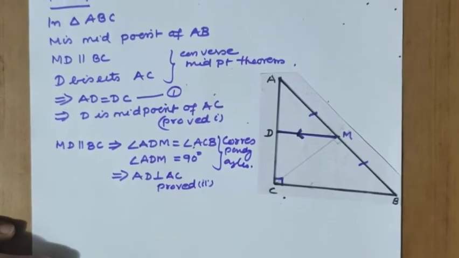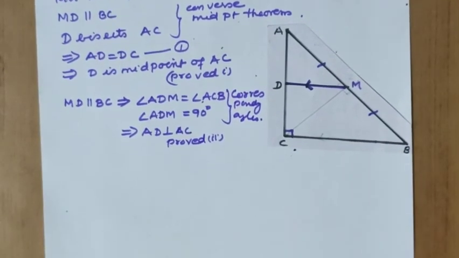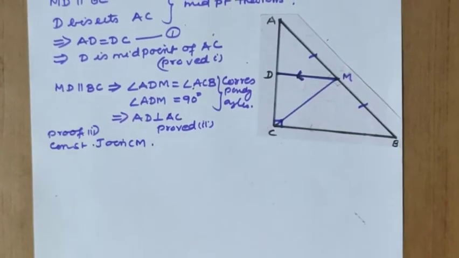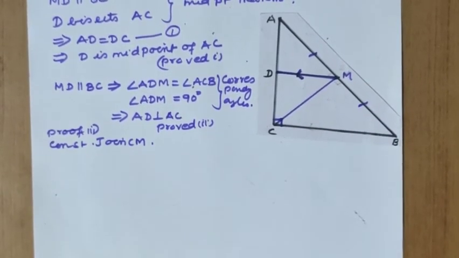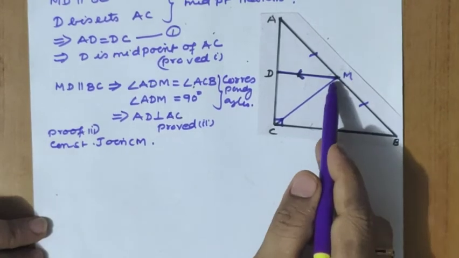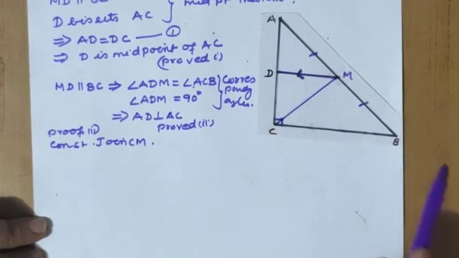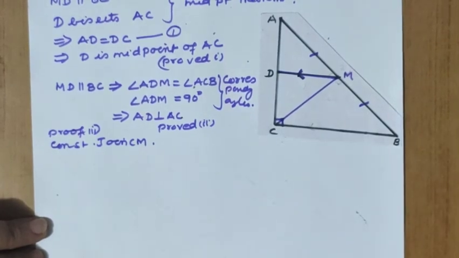Now for doing the third proof, we have to join CM. So we will join CM now. Construction, join CM. We have joined CM here. Now what do we have to prove? CM equal to AM. We know already AM equal to half AB because M is the midpoint.